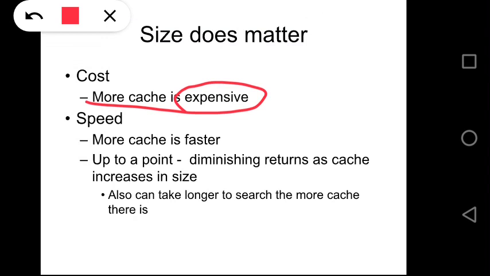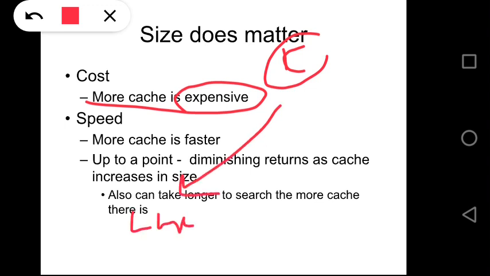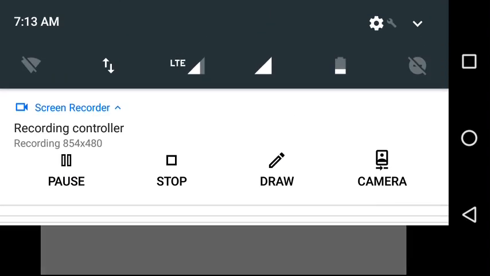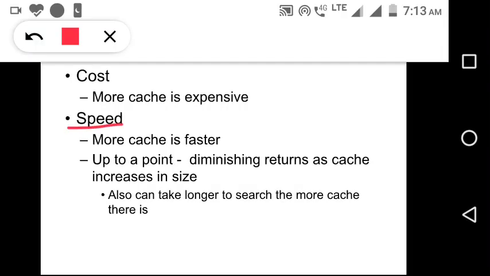So the size depends upon what factor? C should not be very large because the cost would be high. It should not be very small either, because for small we have registers. So it should be medium. What is that medium? How to find it out? Next, speed.